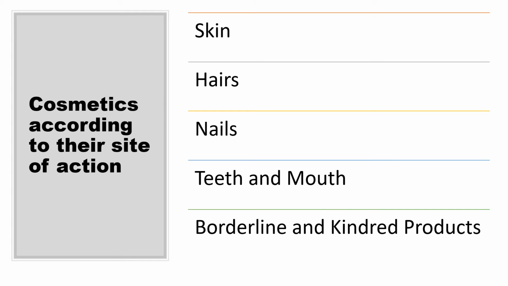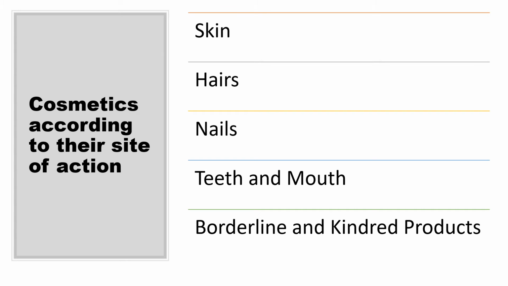Then cosmetics can be classified broadly on what organ they impact, like skin products or hair products. Skin products include different categories of powders, creams, lotions, deodorants, and cleansing preparations. The products used on hair include shampoos, tonics, hair dressings, hair weavings, beard softeners, shaving preparations, hair removers, depilatories, etc. For nails, nail polishes, nail polish removers, and other manicure preparations.